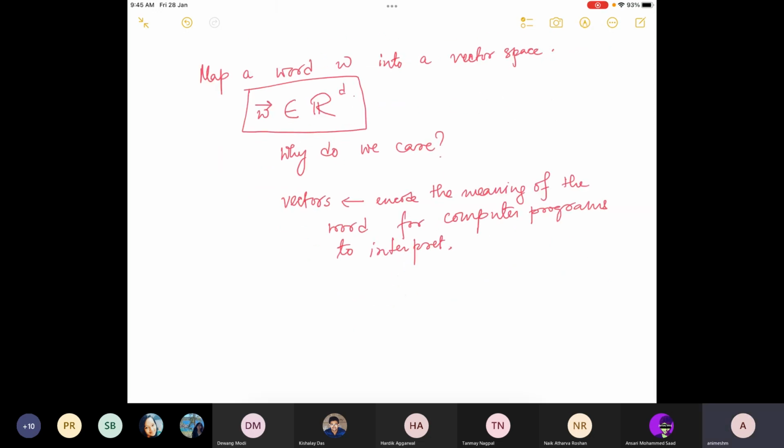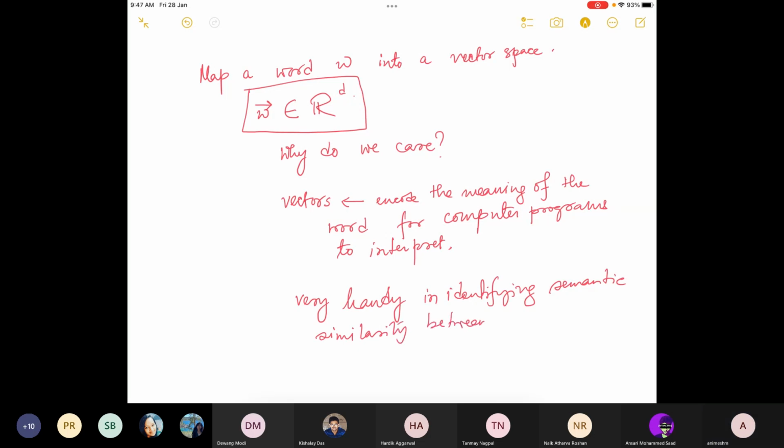This is one thing. And the other thing is they come very handy in identifying semantic similarity between words. Okay.